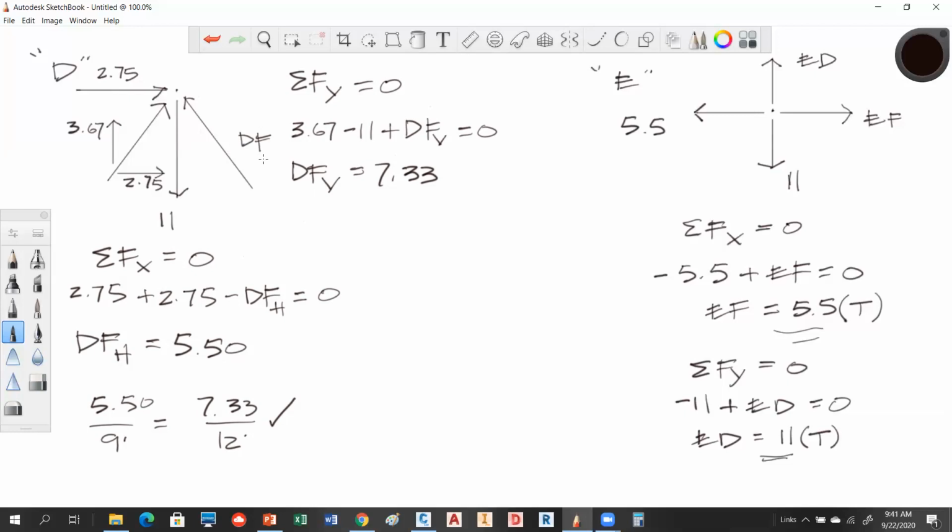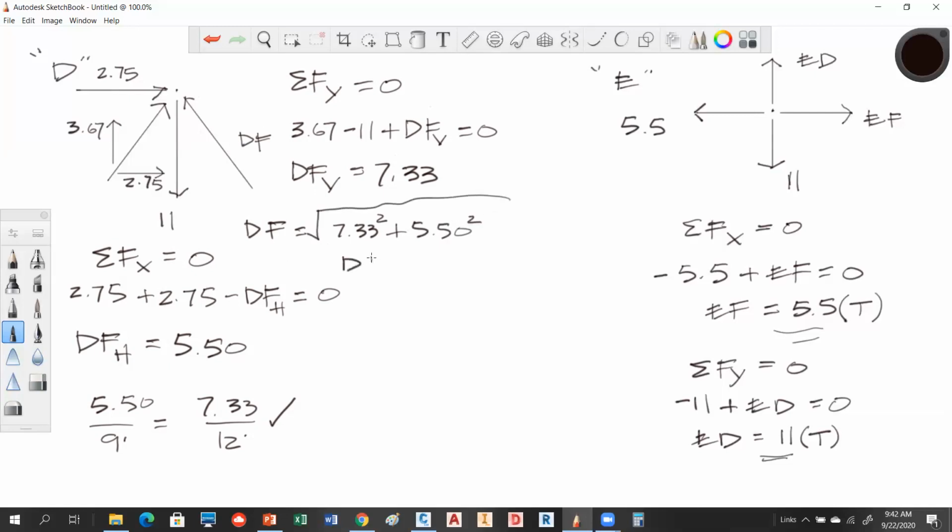So we need to now solve DF itself. That's very simply done by Pythagorean theorem. So that's going to be 7.33 squared plus 5.5 squared.